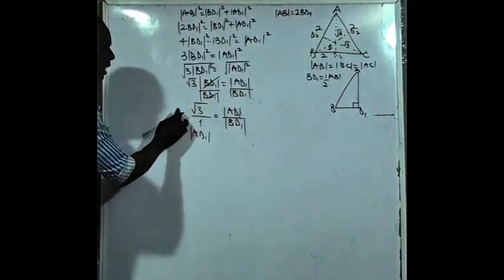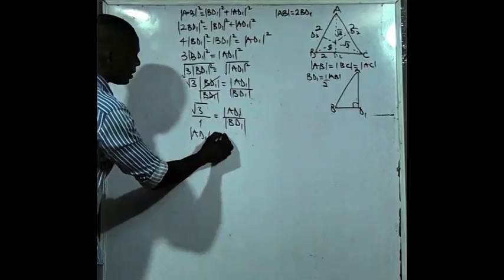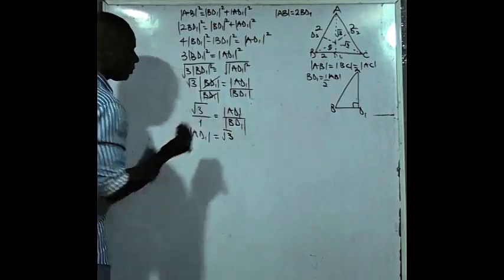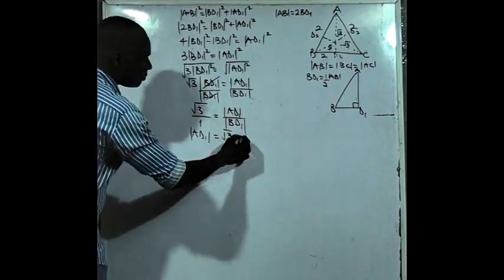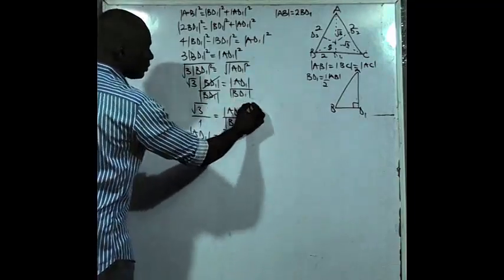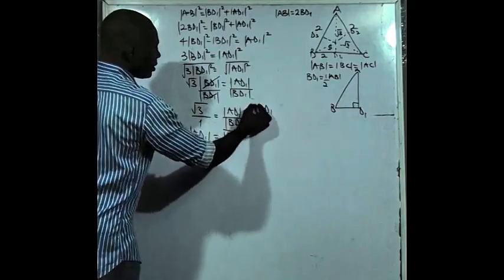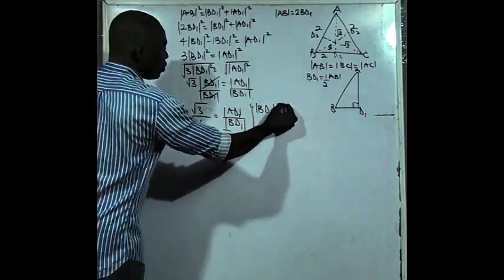So by comparison, the line AD1 is root 3. Okay, so the line BD1 is equal to 1.